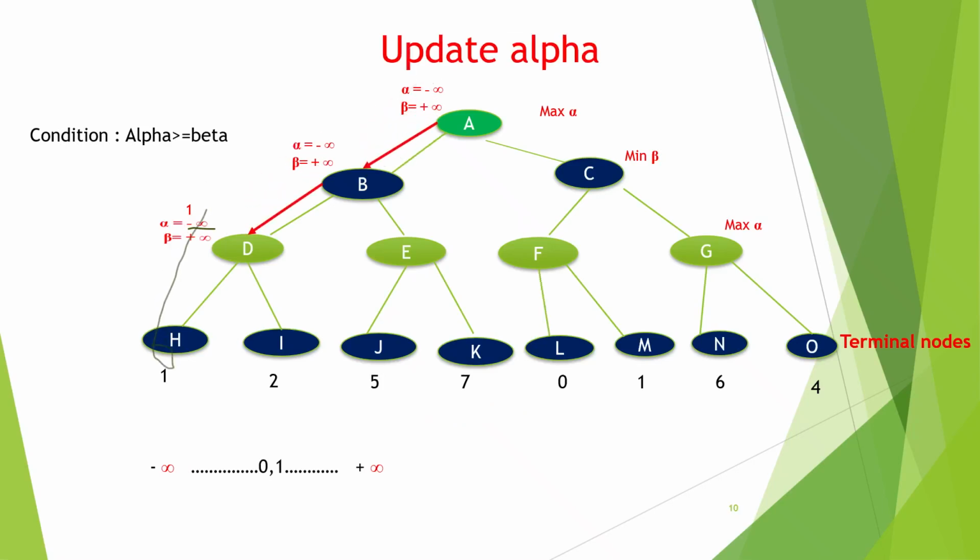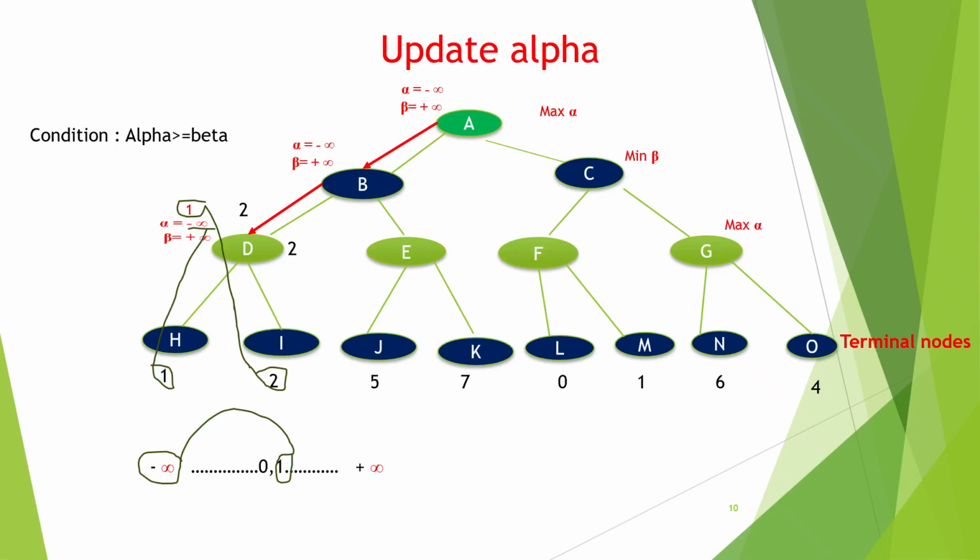Now, first one. Here in this alpha beta pruning technique, we are using the depth first search technique. Depth first search, not breadth first. So in depth first search, we should move in the left side of the tree.